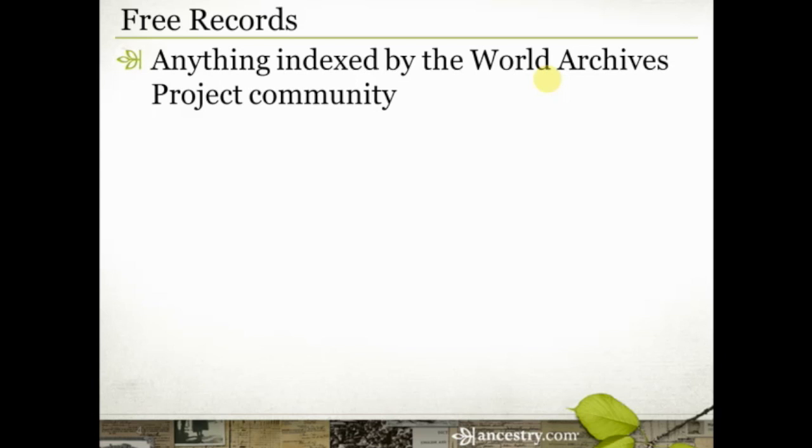If you would like to get involved in that, again, just go to that Collaborate tab, click on World Archives Project. You can sign up, download a little piece of software to your computer. We'll walk you through some training, and then you can start to help index those records. Anything indexed is available for free.